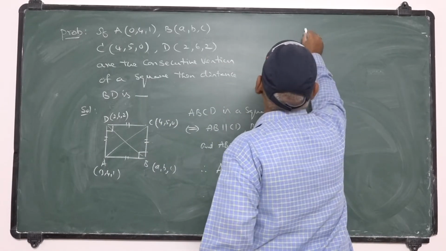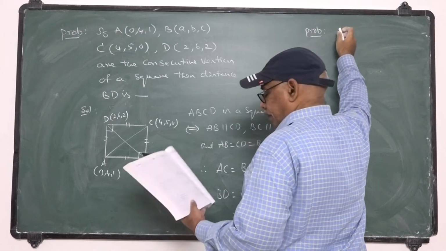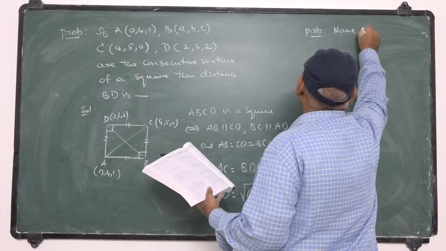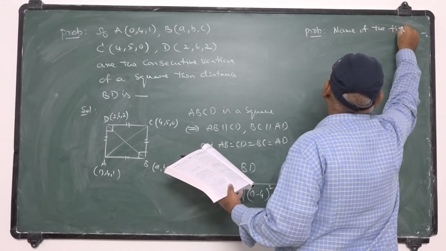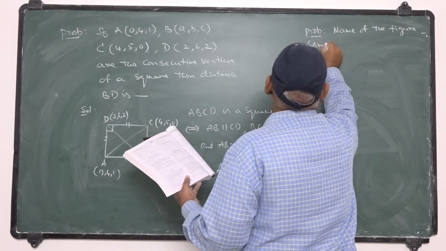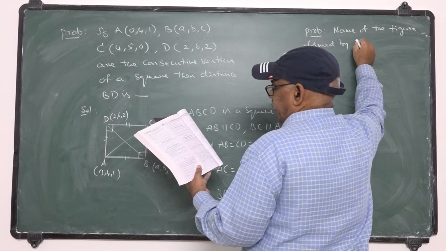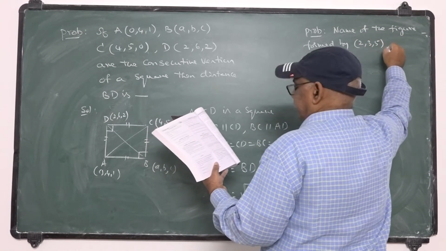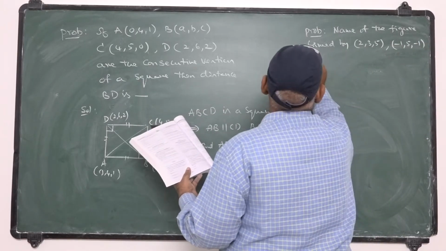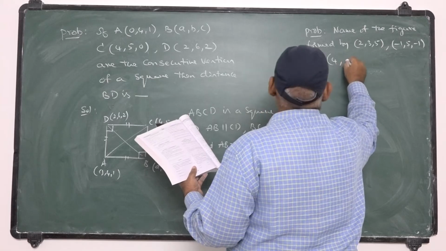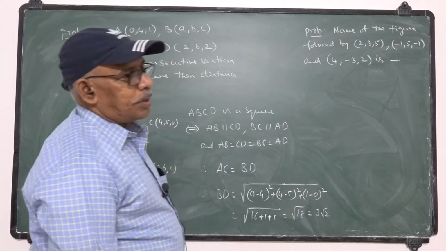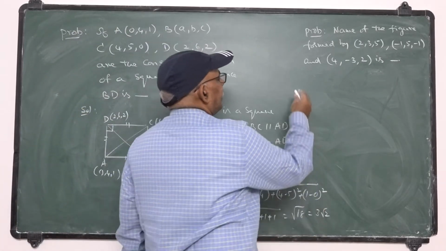Next problem. Name the figure formed by the points (2, 3, 5), (-1, 5, -1) and (4, -3).